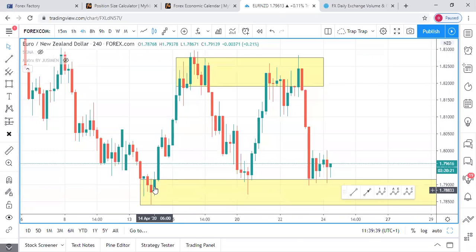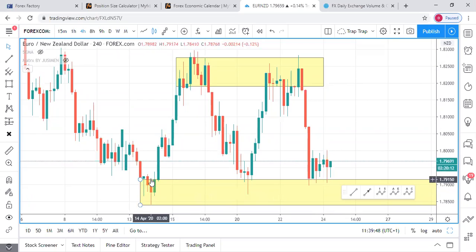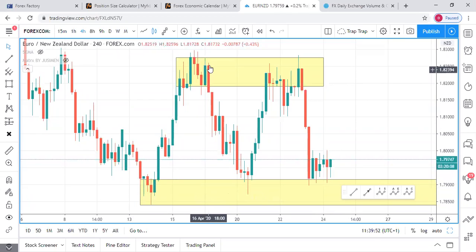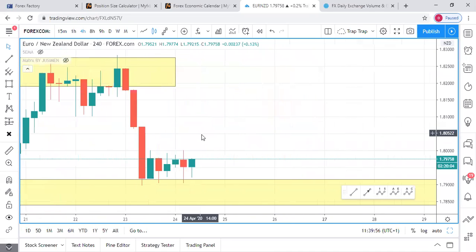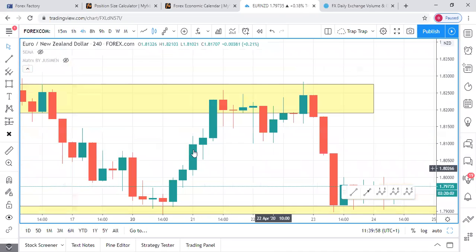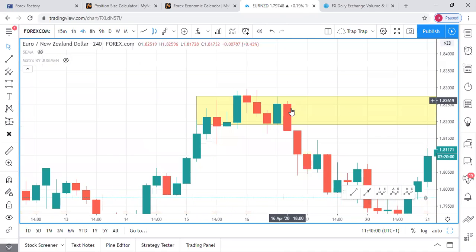When you are looking at the engulfment, you only look at the body of the candle, right? But when you are marking up the zone, you mark up with the wick, right? Notice this point. This red candle engulfed. Let me magnify it even more. I want you to see it clearly. Notice that this red candle engulfed this green, the body.